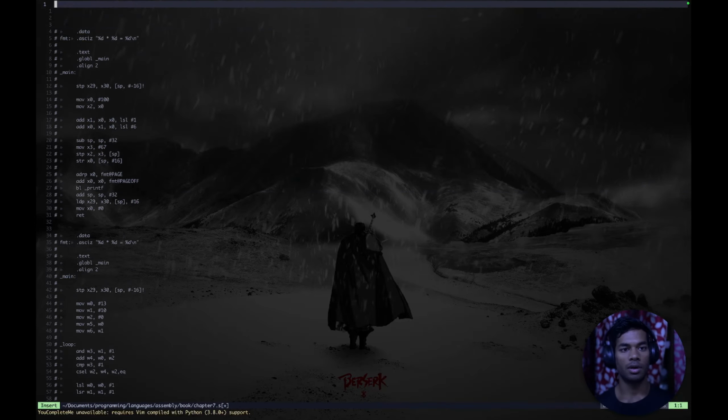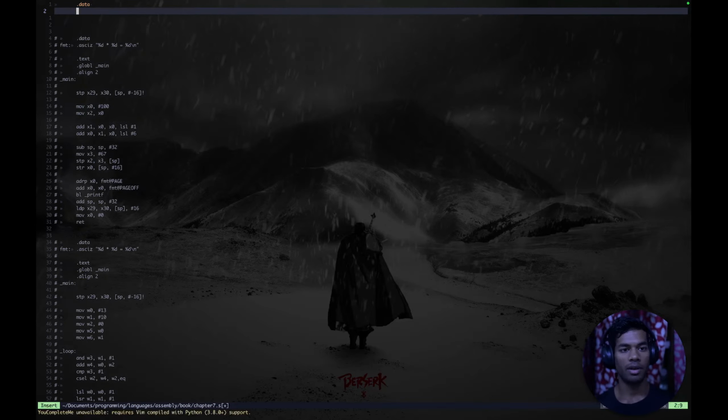Go to the top, and I will define them here. The format is a string, which will store an ASCII that says a value divided by another value gives another value, and then a new line.